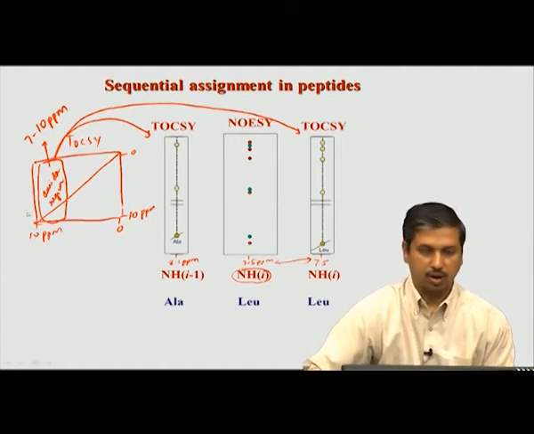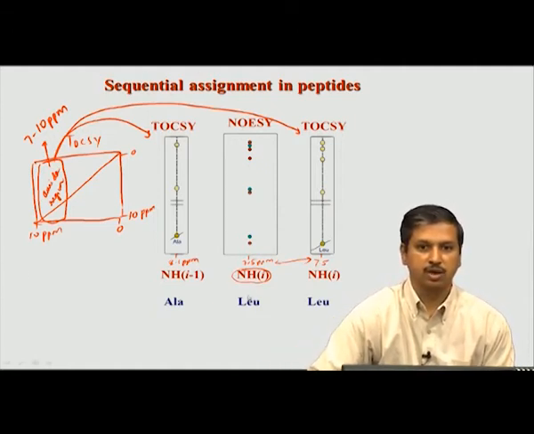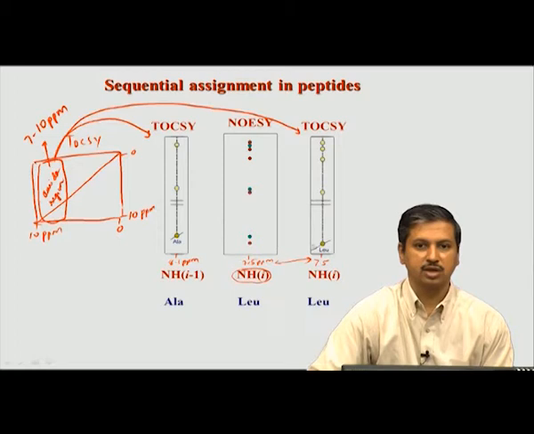This is the same chemical shift, but this is coming from a TOCSY spectrum and this is coming from a NOESY spectrum. In the NOESY, you will notice the leucine chemical shifts, which are shown in red color, at the same ppm value as in the TOCSY, and this is not surprising because this is nothing but the same amide chemical shift as the TOCSY.